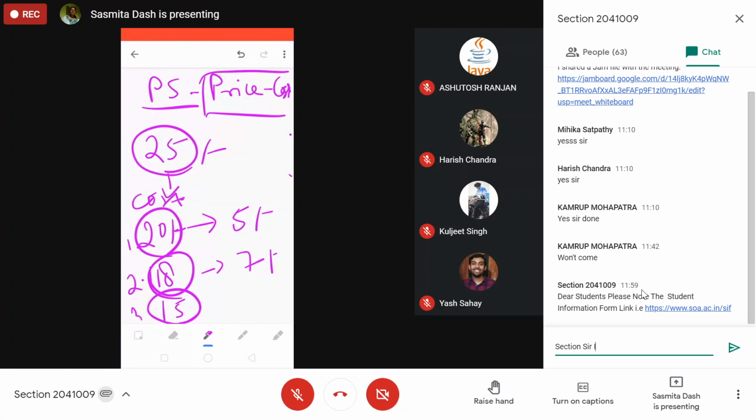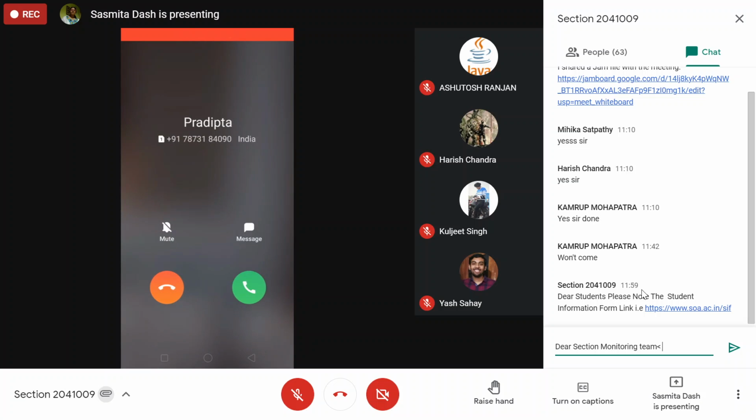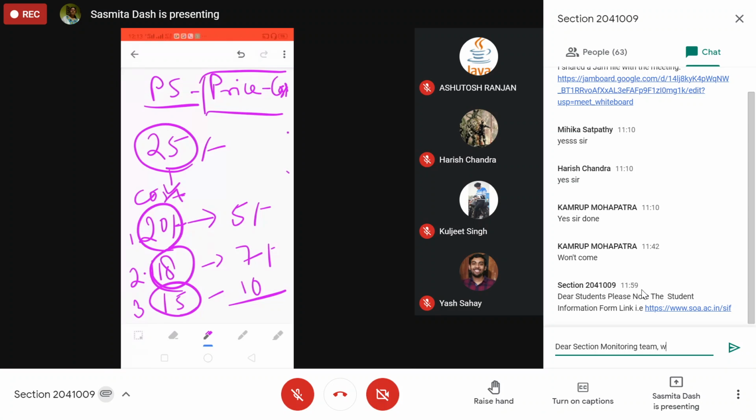The third person, who can produce at 15 rupees, gets 10 rupees producer surplus on each unit. So the total producer surplus is 5 plus 7 plus 10, that is 22. Each individual's producer surplus we can calculate like this.